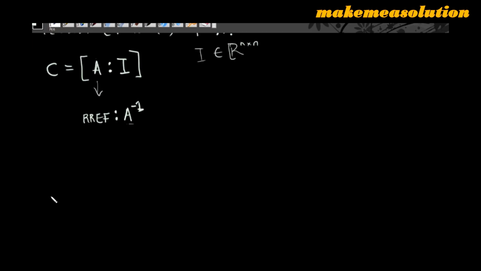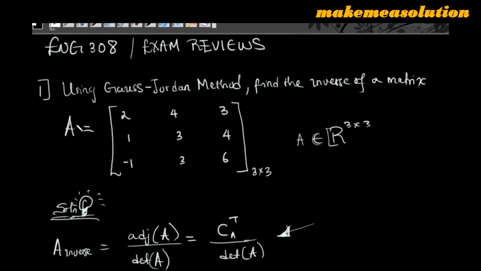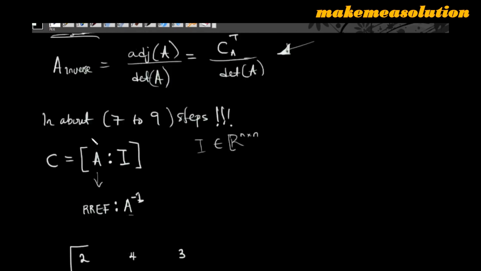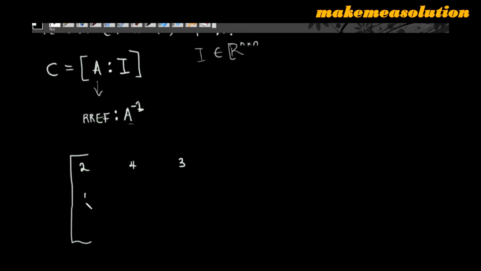Now let's dive in. We'll form our augmented matrix C in this way. We have 2, 4, 3, then 1, 3, 4, and then minus 1, 3, 6.